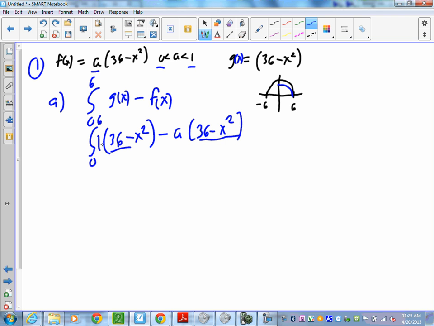This is 1 times it, right? So it turns out that you could actually write it as 1 minus a. You factor that out, it becomes a constant. 1 is a constant, and a is some constant between 0 and 1. So we have 36 minus x squared.